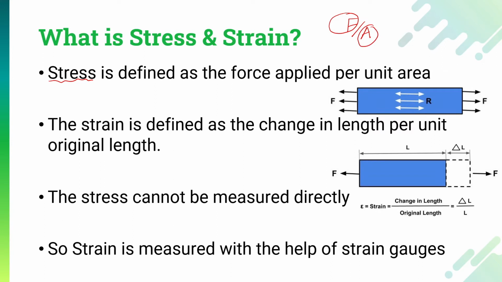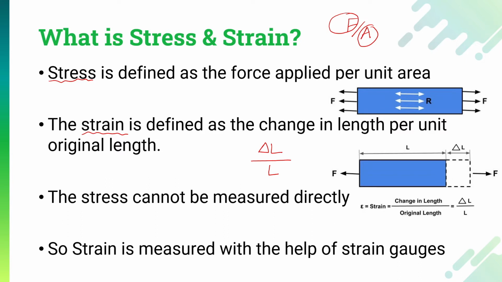Okay. When we talk about strain, strain can be directly defined as the change in length per unit original length. Strain is a deformation or displacement of the material, which is basically the result of the applied stress.